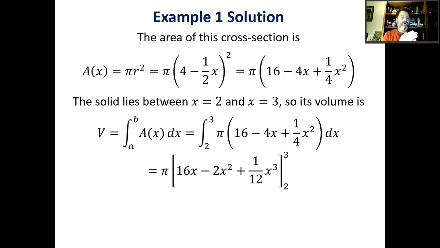And then you can attack this integral any way you see fit. I pulled the pi out and did the integral, and as we progress through, I'm going to show less and less of the Calc 1 steps. Again, on a test, I could easily just say right here, stop, once the integral is set up and simplified. Do not perform the integration, because you could just go on your calculator and get this number, 23.82.